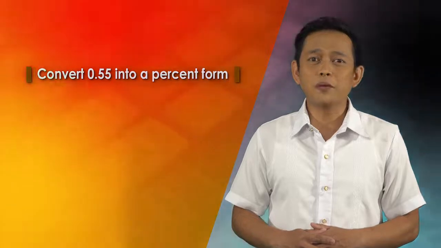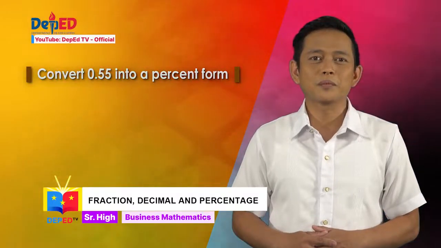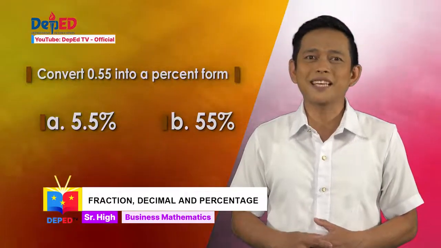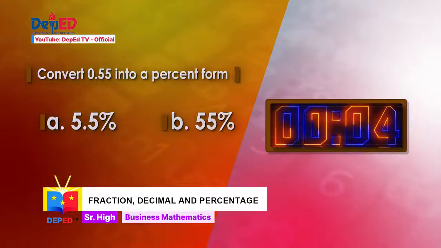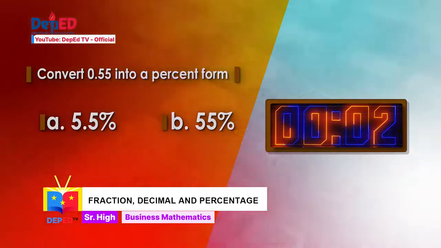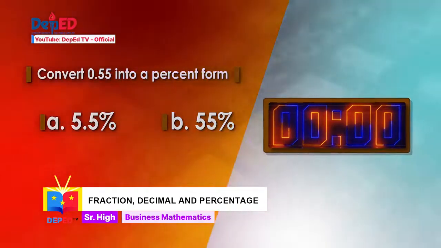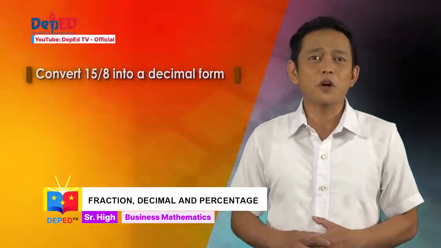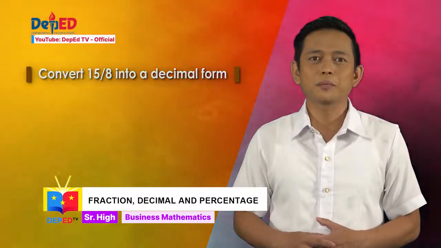Convert 0.55 into a percent form. A, 5.5% or B, 55%. Convert 15 over 8 into a decimal form.